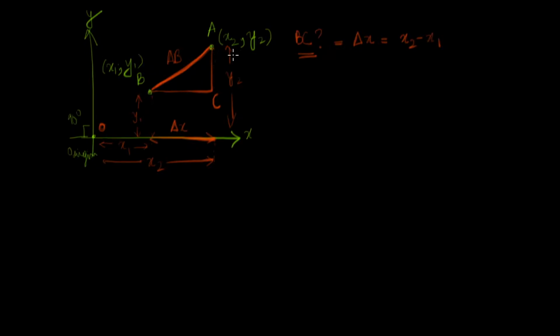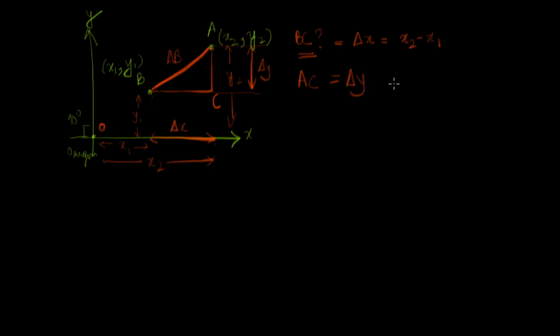Can we say something about this distance? Similarly, as what we did before, this height is y2 all the way from the x-axis to A, and this height where C lies is the same height as where B lies, and that is y1. So the difference of them, that is delta y, is the height of AC.